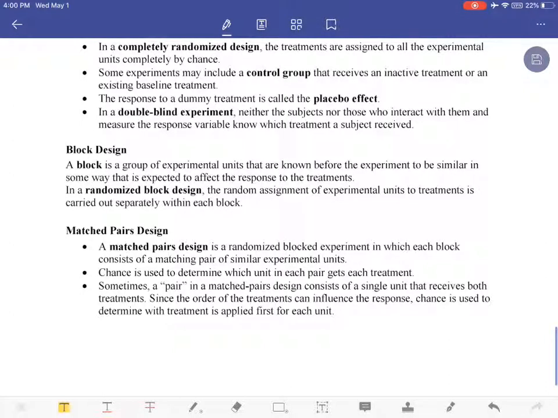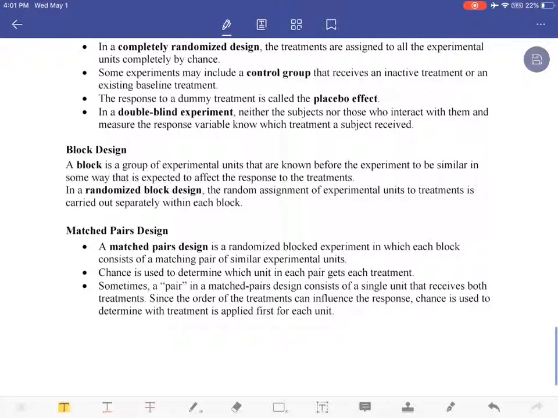So if I was doing this with a class of 20, and half of them were, actually, let's do a class of 40. Half of them were males, half of them were females. I would have 4 different groups that I'm randomly assigning treatments for.